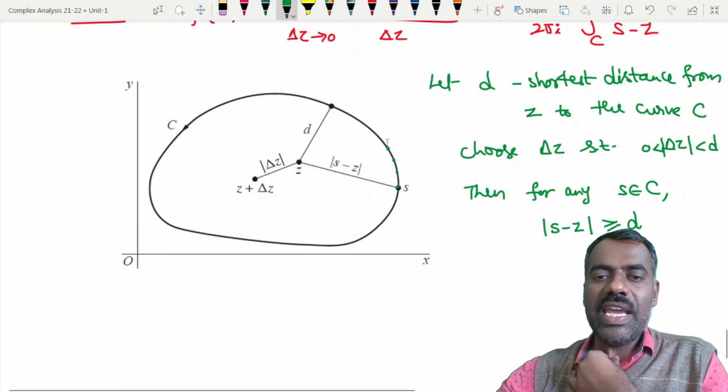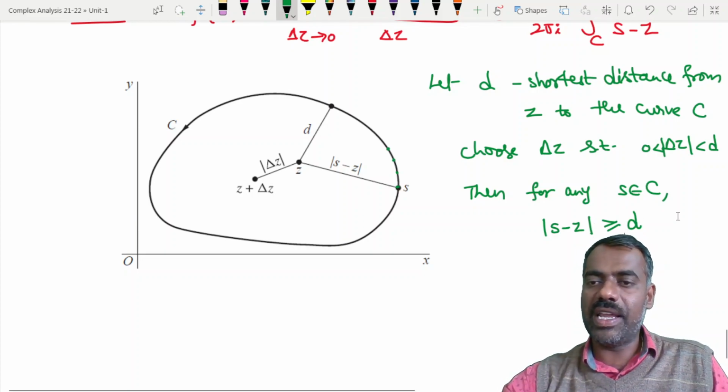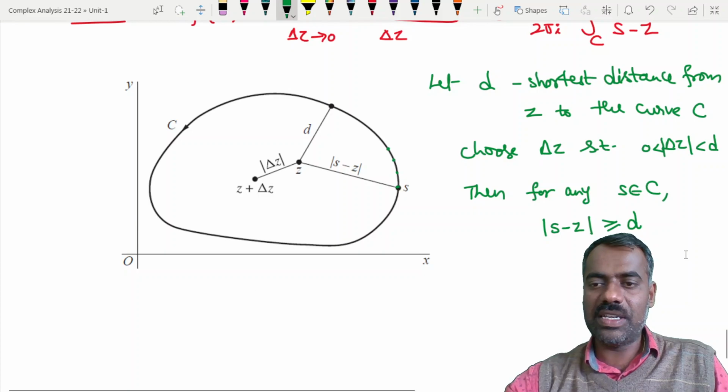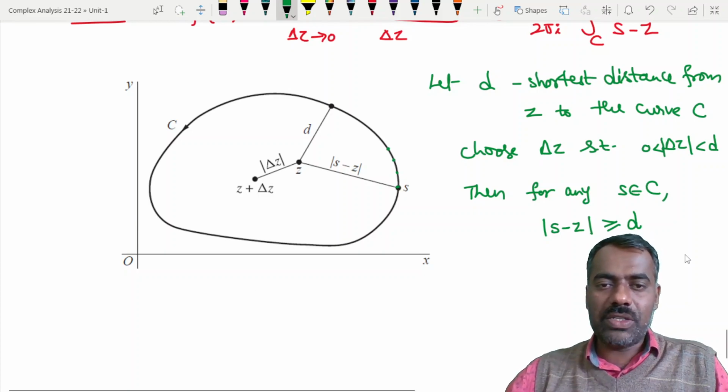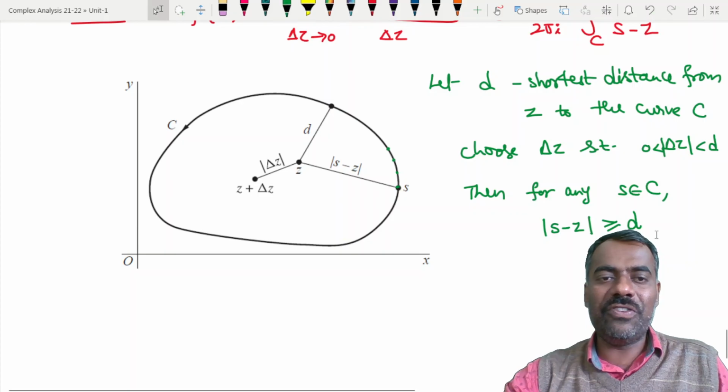Therefore, if you take any other point on that curve, this distance is always greater than or equal to d. We also make sure that z plus delta z, the distance between these two, mod delta z, is less than d. So that point is also inside this C, which means f is defined there. There is no problem.